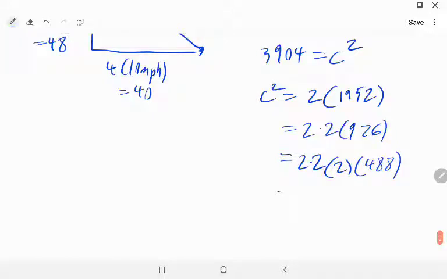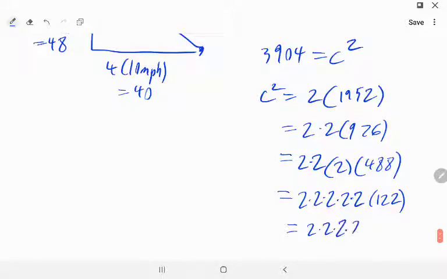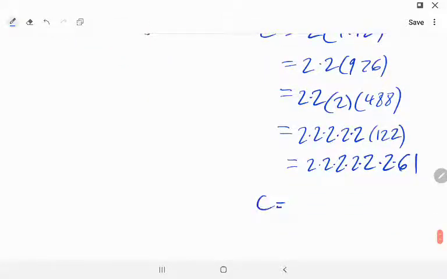We can pull 4 out. So we're going to end up getting 2 times 2 times 2 times 2 times 2 times 122. That's better. So we can pull one more 2 out. We're going to wind up getting 2 times 2 times 2 times 2 times 2 times 2 times 61. And so we know that C is going to end up being 8 square root of 61.